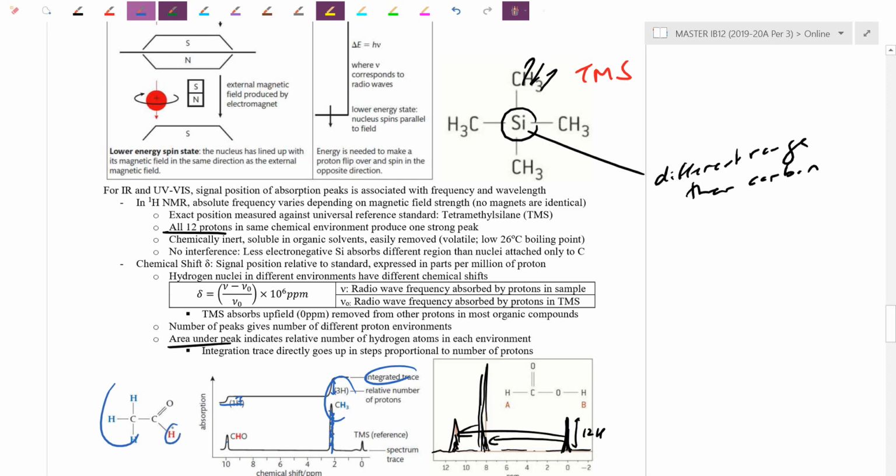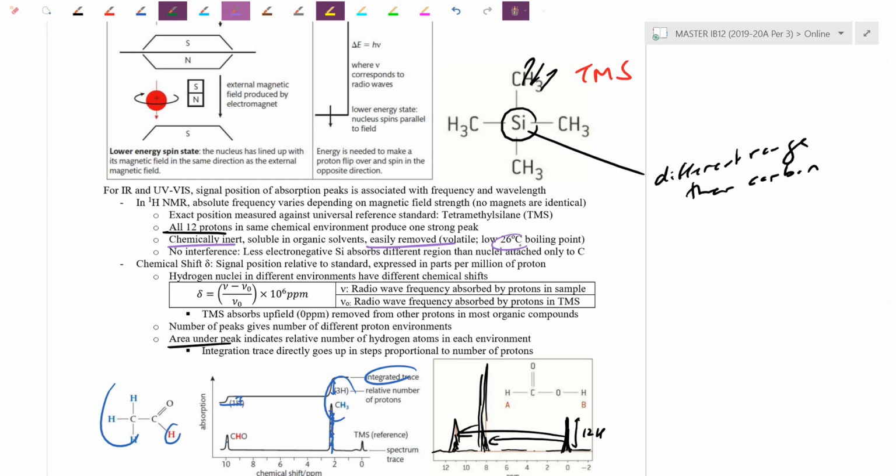So back to TMS, it's also chemically inert, so it doesn't react with the substances that we use. It's soluble in a lot of things. Easily removed is another good feature. You put it in, you do your NMR study, and you can very easily evaporate it. You just need it slightly hotter than room temperature, and basically it's gone again. No interference.